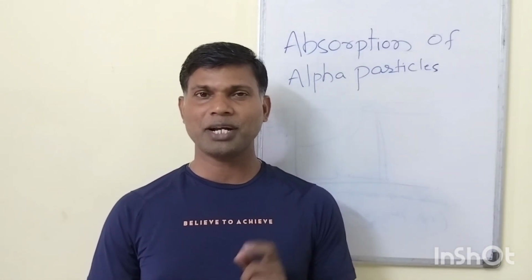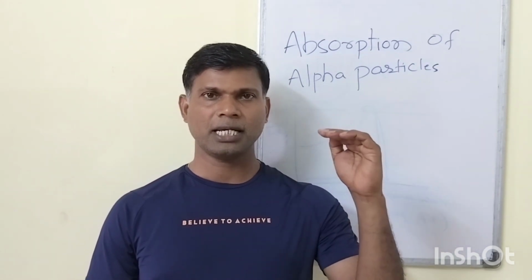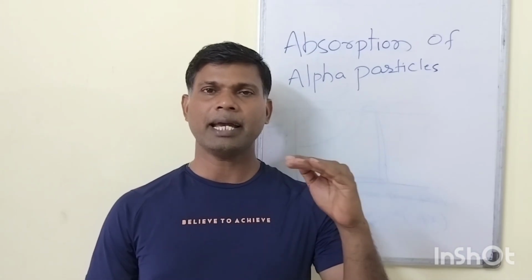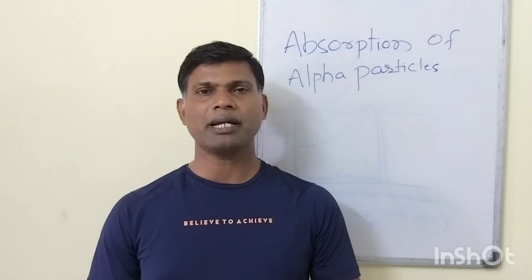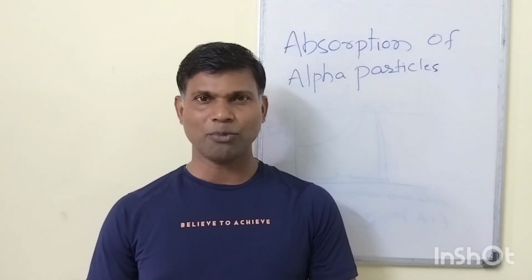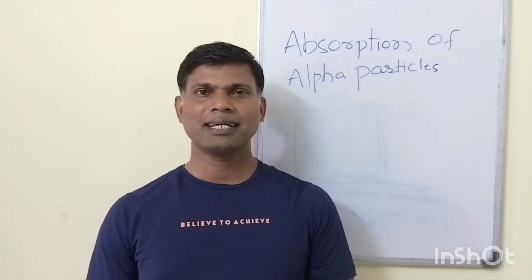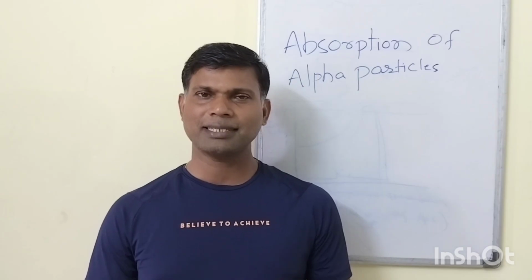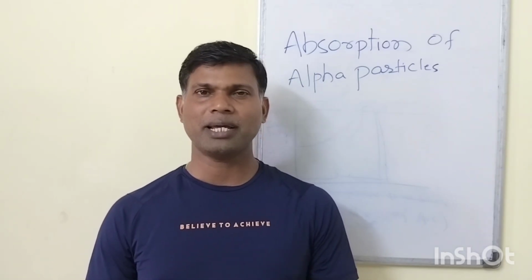The alpha particle should and must be of the same energy. So it depends on density. The most important thing you have to understand is that air density is very low compared to water density and lead, iron or any material you take.